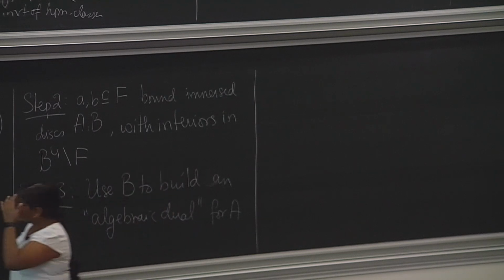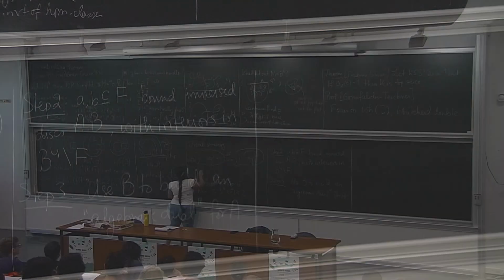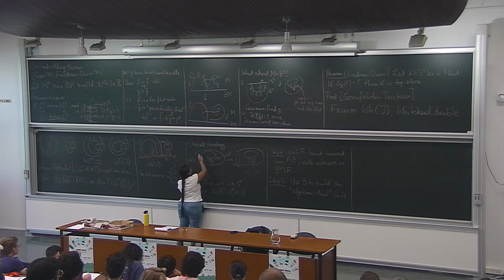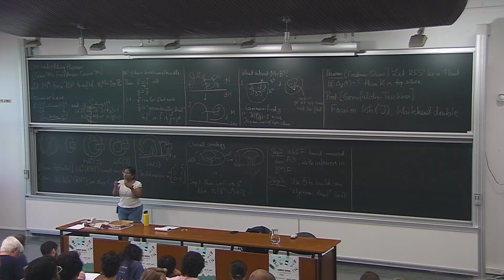What you'll do is you look at B. Again, ignore this if you'd like. So this one was A, schematically, and then this one is B. But now, because I've pushed it into B4, that's a circle living in a 4-dimensional space.